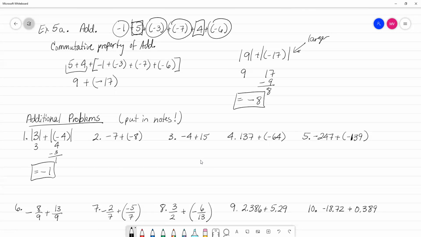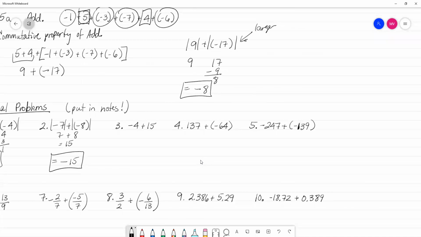So let's look at 2. We have like signs, so we know that our answer is going to be negative. Let's go ahead and get the absolute value of these two, and we end up with 7 plus 8, and 7 plus 8 equals 15. So carry that to your answer. It is negative 15. All right, 3, we're adding unlike signs here.